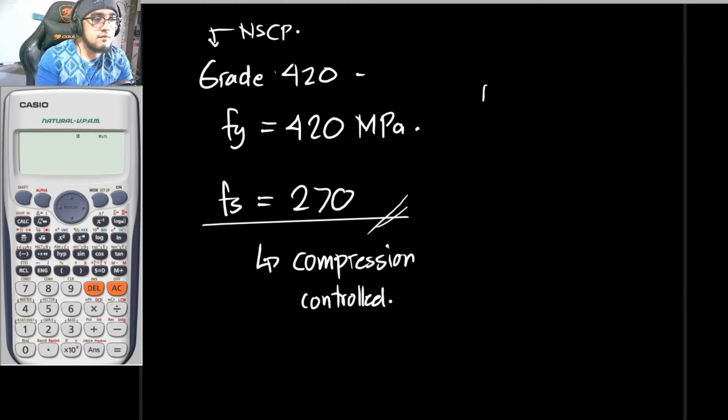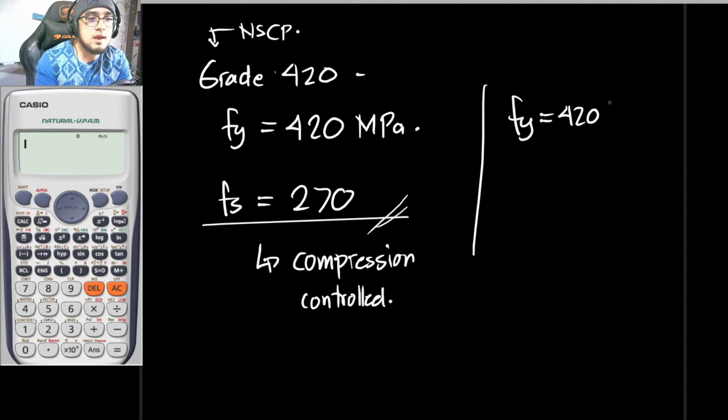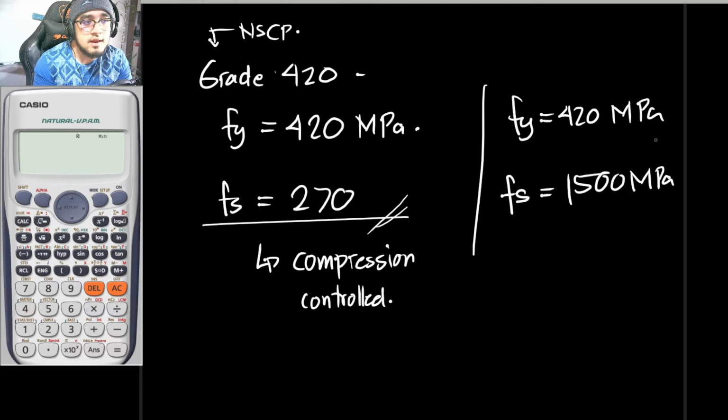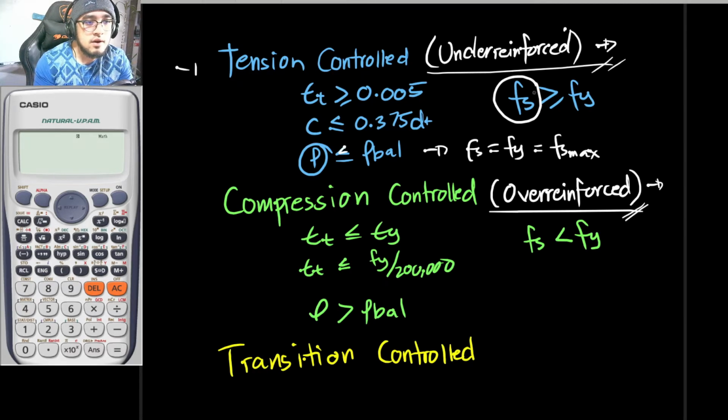Okay, and for another example, once again, your Fy is 420 megapascal. And let's say the Fs that you have solved is 1,500 megapascal. In this case, guys, your Fs is greater than your Fy.